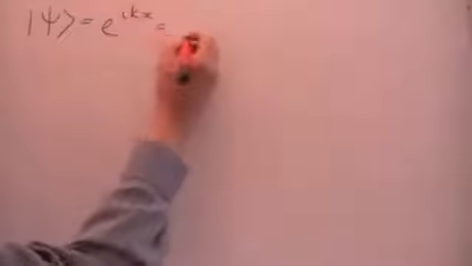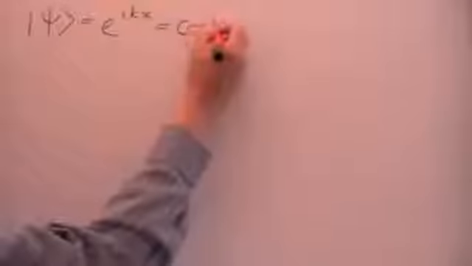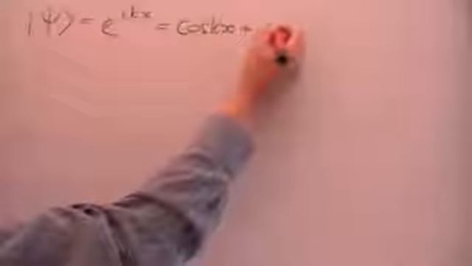But we should recognise what e to the ikx is. We've come across this term many times before in the past when we've been dealing with waves. E to the ikx is simply cosine of kx plus i sine kx. That is its identity. So now we know what psi is.